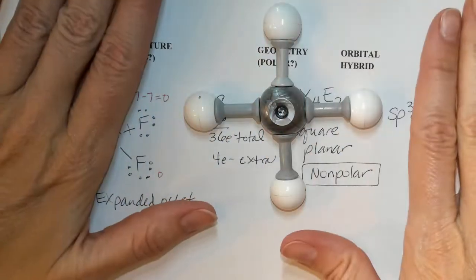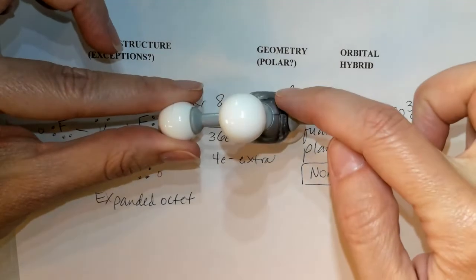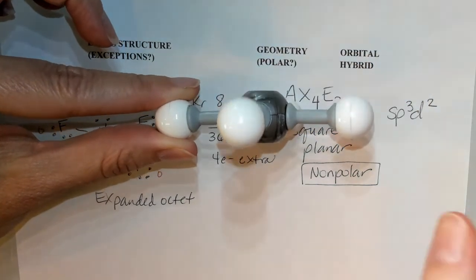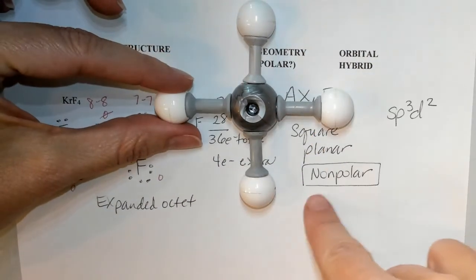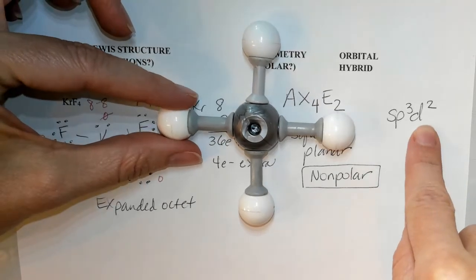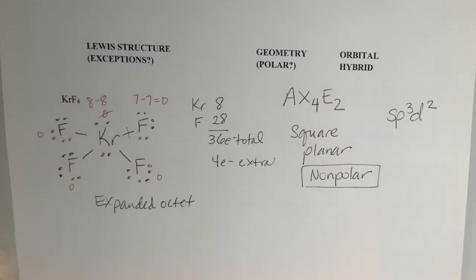So overall, there's an even pull of the electron density. Nothing's pulling up and nothing's pulling down because these are just lone pairs. So overall, this is a nonpolar structure. For the orbital hybrid, we still need a total of 6. The 4 plus 2 is 6, so we still have an sp3d2 hybrid.